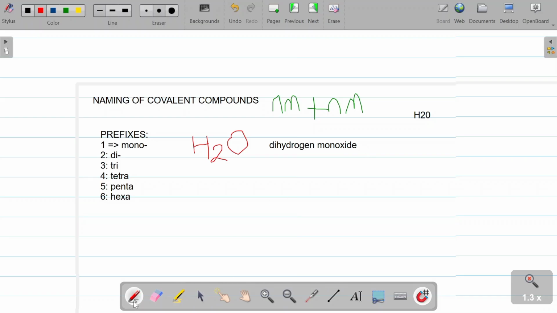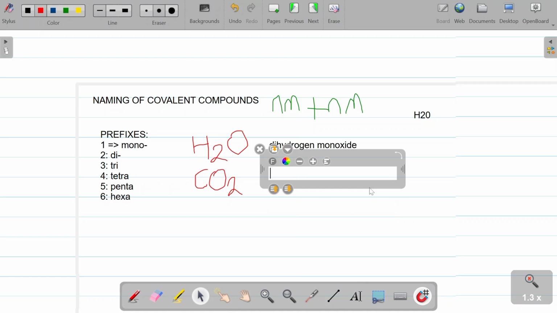Now let's take another example. For example, CO2. That's another very common compound that we all know. Let me write it out. Just like before, we start from the first element in the compound. So this compound is made up of carbon and oxygen, one carbon and two oxygen atoms.